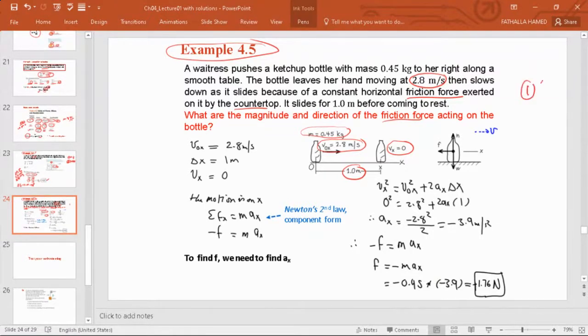Now, as I told you, first thing is xy, and x has to be along the direction of the motion, so that's your x here. And y, of course, will be perpendicular to it.